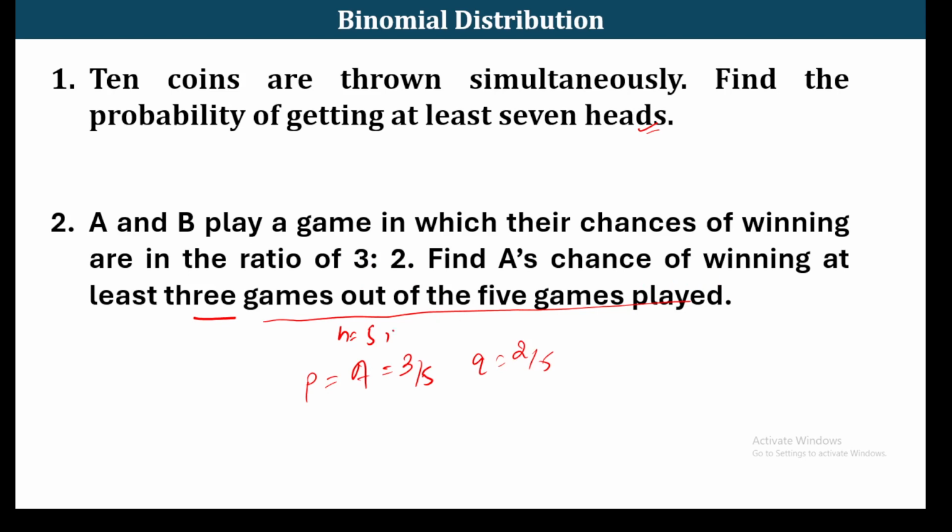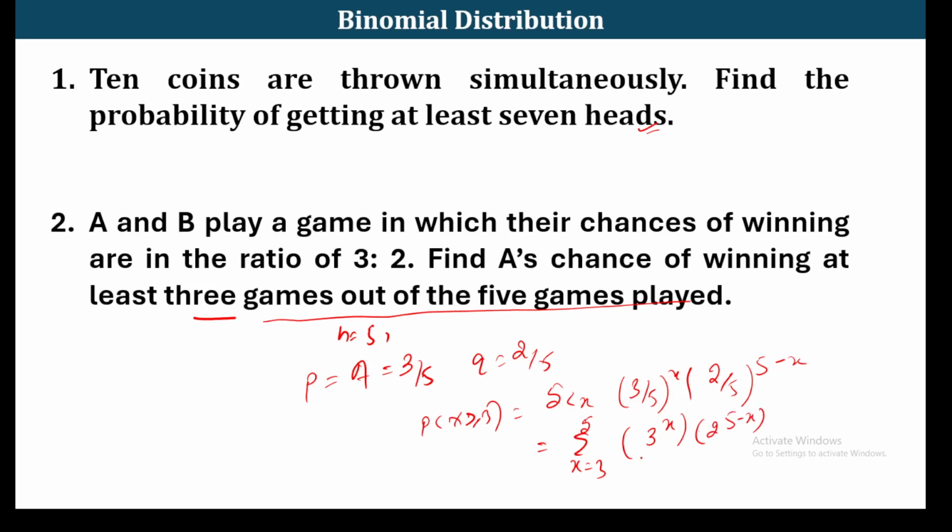Now they are asking for the chances of winning at least 3 games. So P of X greater than or equal to 3 is 5Cx, and you can apply that formula: 3 to the power x, 2 to the power 5 minus x, over 5 to the power 5.